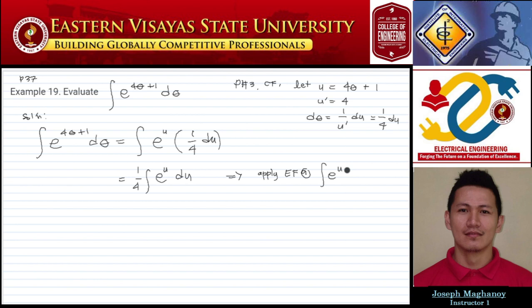Integral of e^u du is equal to e^u plus C. Okay. So let's integrate. Constant na 1/4. Okay.